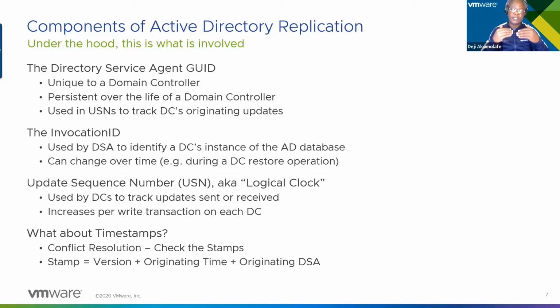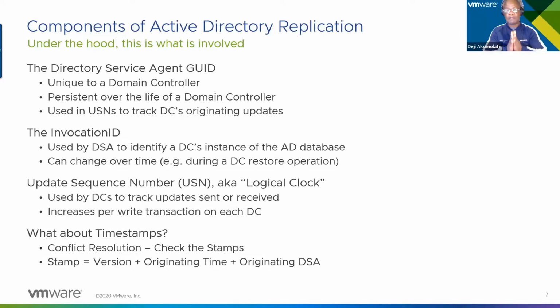Then there is the invocation ID, which is used with the DSA GUID to identify a copy, an instance of the AD database on that particular domain controller. This can change over time, especially during a restore operation.